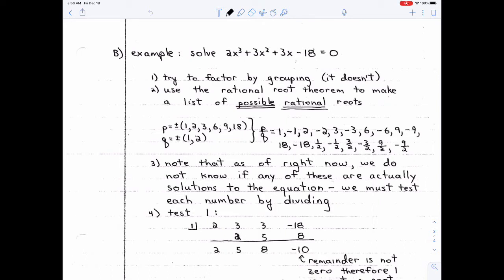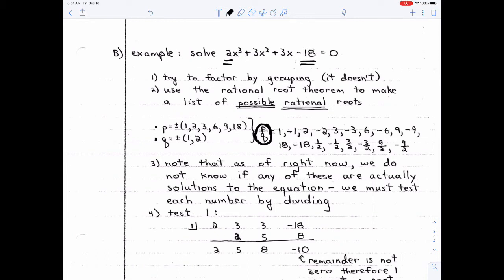So what are we going to do? We're going to make a list of all the factors of 18 and all the factors of 2. P is all the factors of 18, Q is all the factors of 2, and I've written all the fractions P over Q. As of right now, we don't know if anything actually works.